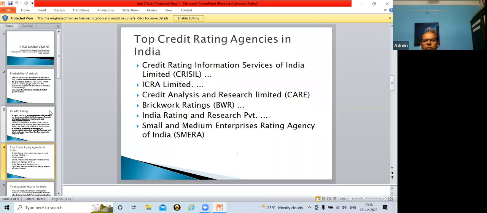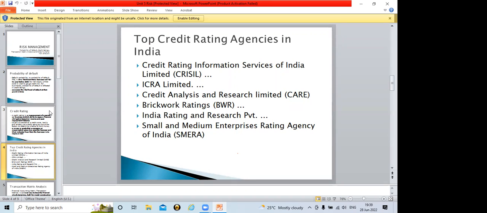Now, again, let me give an example. Suppose movies are also given a rating. Am I correct? Hindi movie or English movie, they are also given a rating. 1 star, 2 star, 3 star, as we discussed. So is this rating for the movie or the theater? Can you answer me? Movie, and not for the theater, correct?